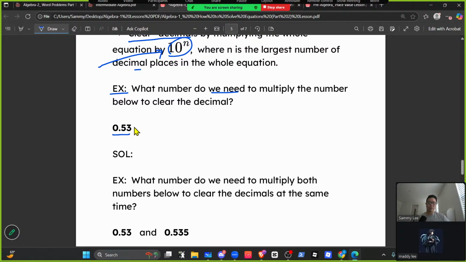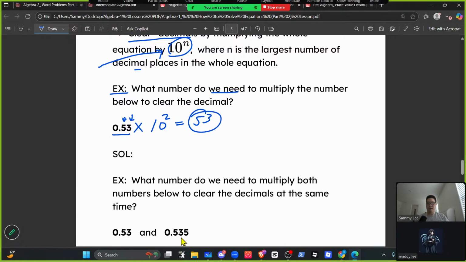So what number will we need to multiply this by to move the decimal point 2 places to the right? 100. Yeah, because how many numbers do we have behind the decimal? We have 2. So you're going to multiply by 10 to the second power. 10 to the second power is 100, and that's going to automatically clear the decimals for us. This is going to turn into a 53.